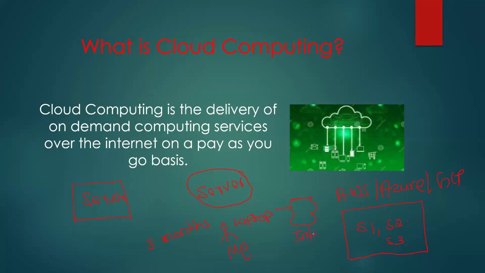So here we have the internet and we'll be connecting to the server through it. Then we will be using these servers. So in the cloud, computing is happening in the AWS setup, not in the place where we currently are.